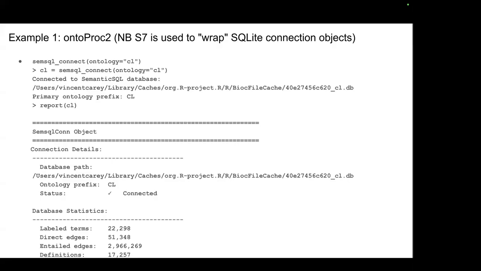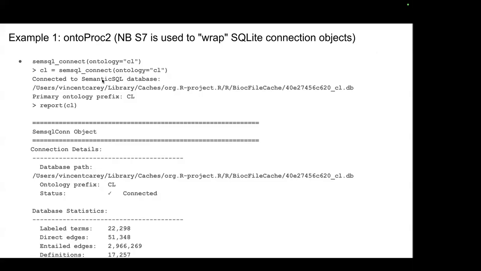And so I have a package now in review called OntoProc 2. This uses S7. Why? Well, you're going to work with SQLite. That's because of work that's been done by the ontology community in something called Semantic SQL. And they have SQL databases for 150 open biomedical ontologies.